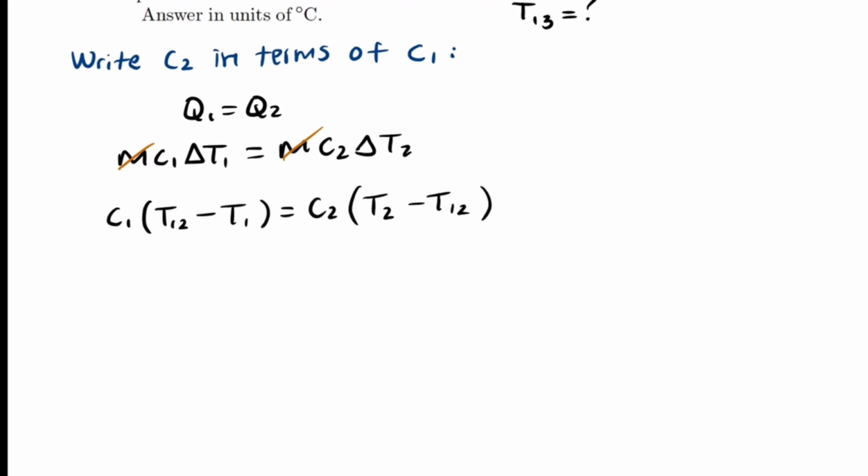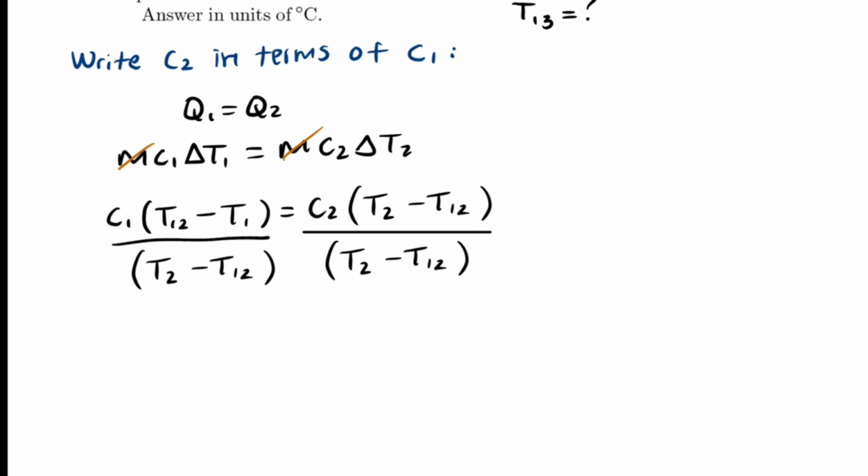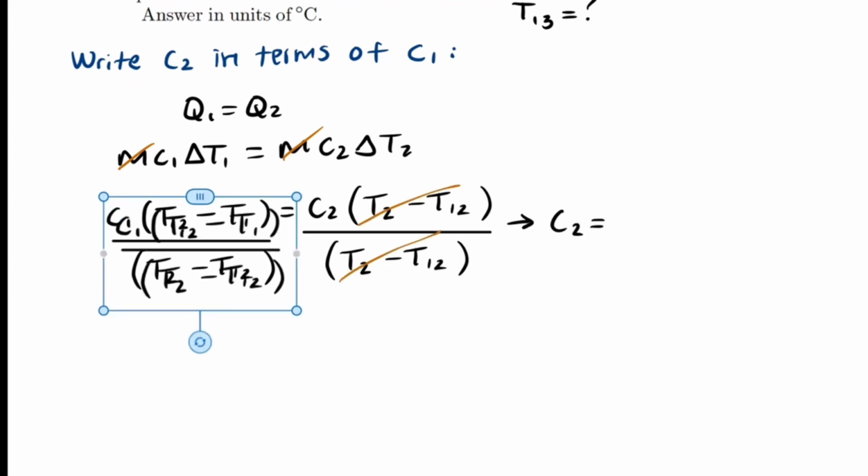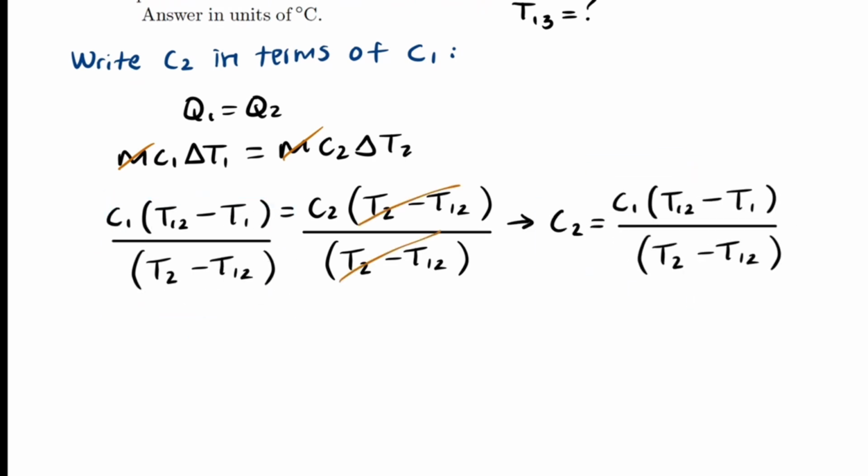Now let's solve for C2. All we have to do is divide by my expression inside the parentheses. And there you have it. This is what you would write as your answer for the first question on learning catalytics.